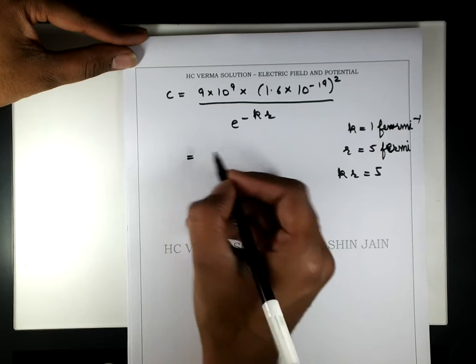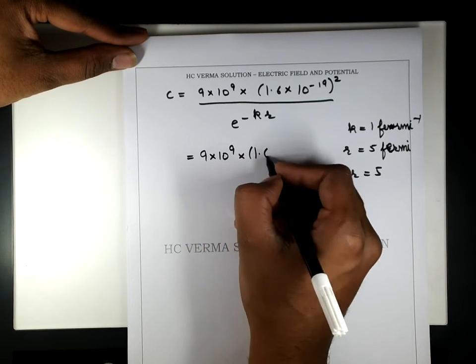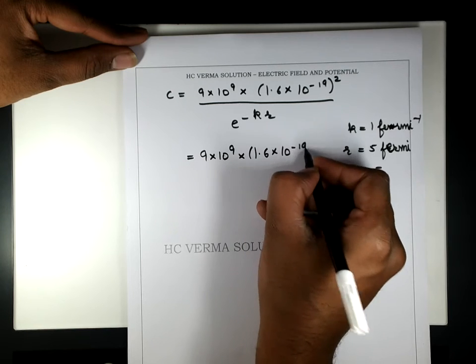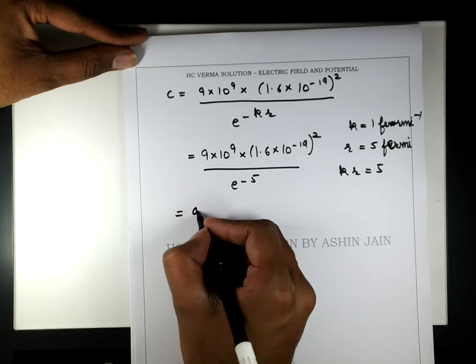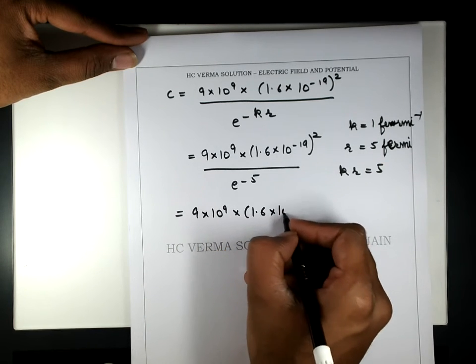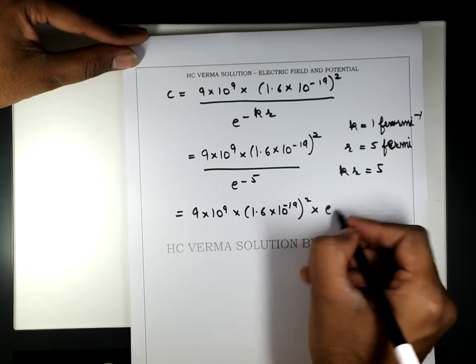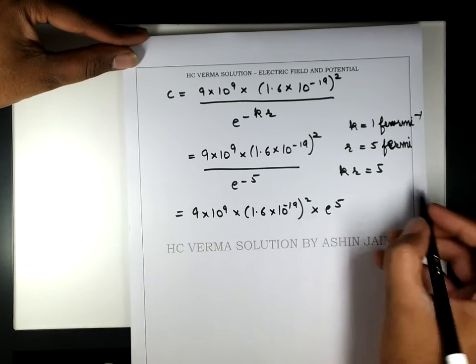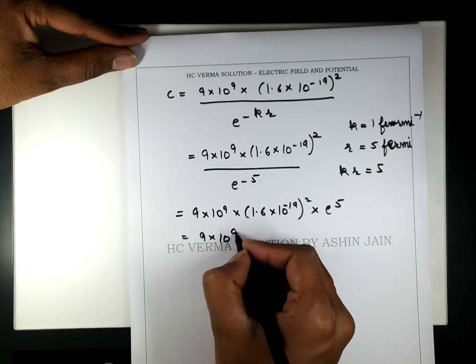So C in this particular problem comes out to be 9 into 10 to the power 9 into 1.6 into 10 to the power minus 19 whole squared by e to the power minus 5, or 9 into 10 to the power 9 into 1.6 into 10 to the power minus 19 whole squared into e to the power 5, where e is Napier's constant, whose value is 2.713.